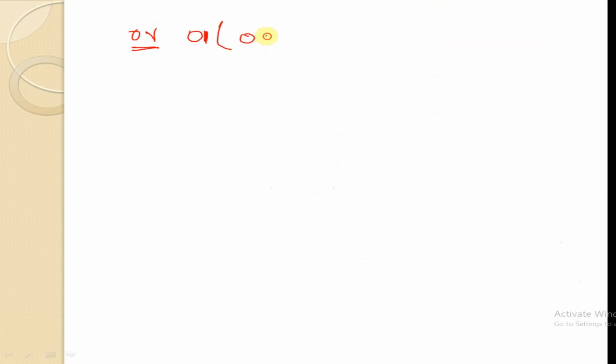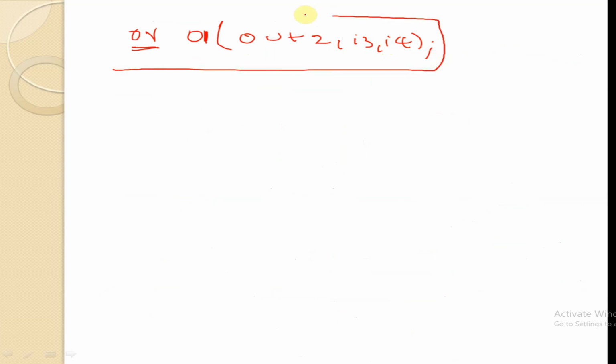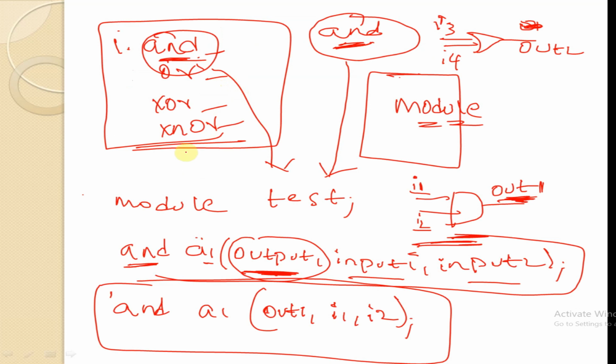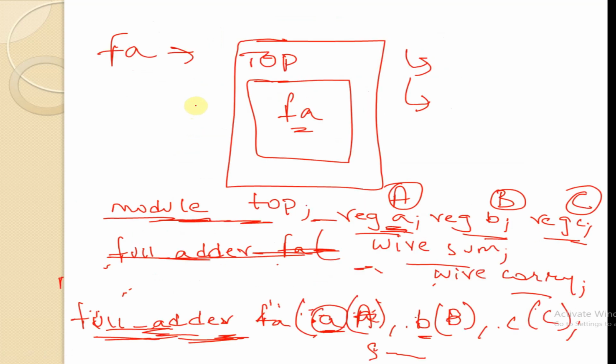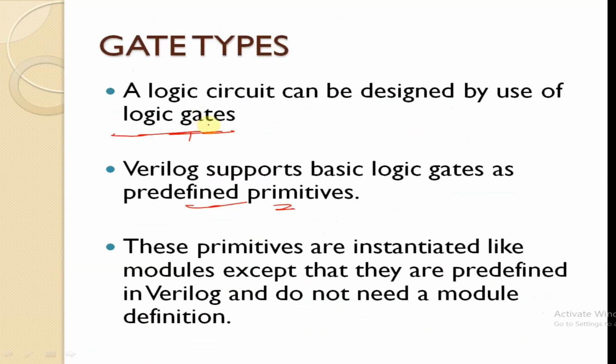I will write or O1 (out2, I3, I4). An OR gate will be synthesized at the output. Like this, we will instantiate the gate primitives in our design. So this is gate level modeling.